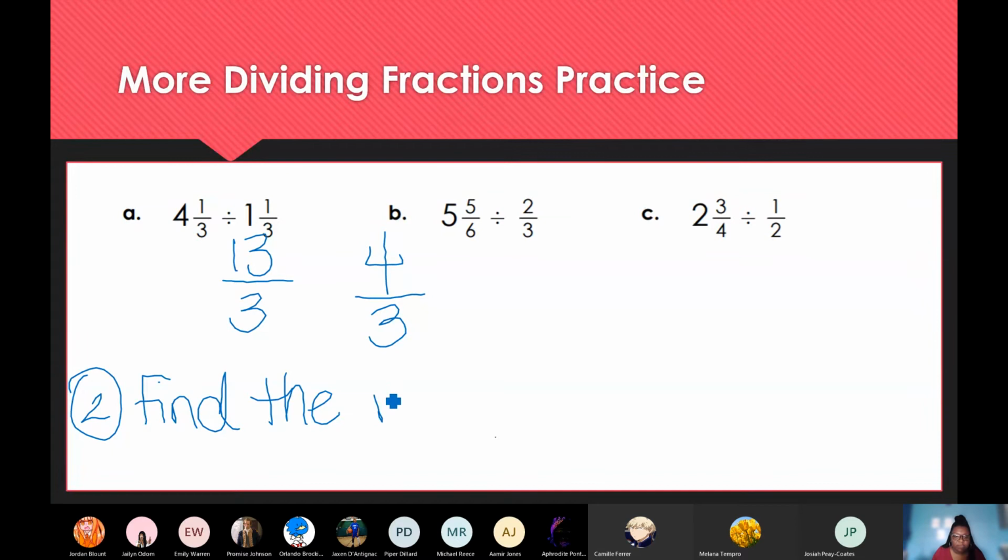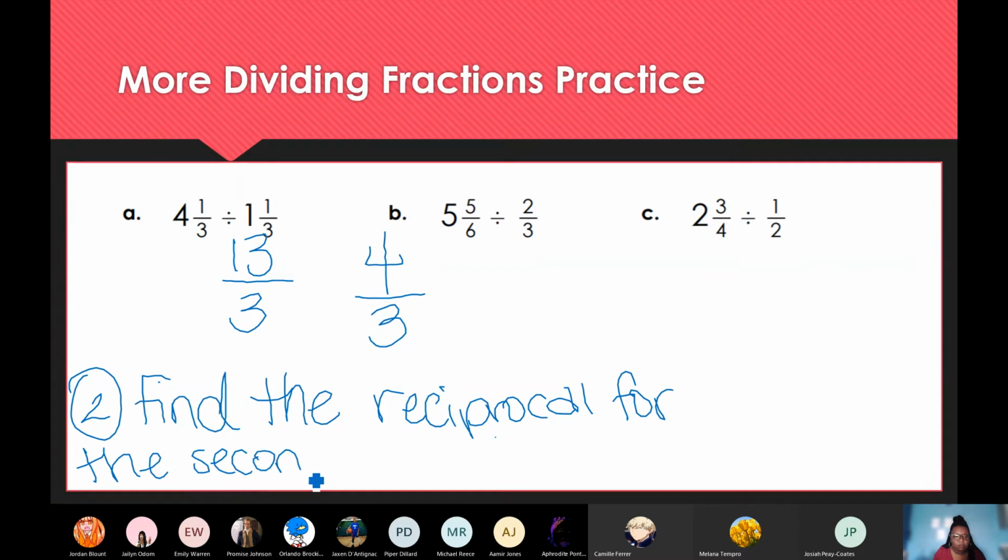So find the reciprocal for the second fraction.